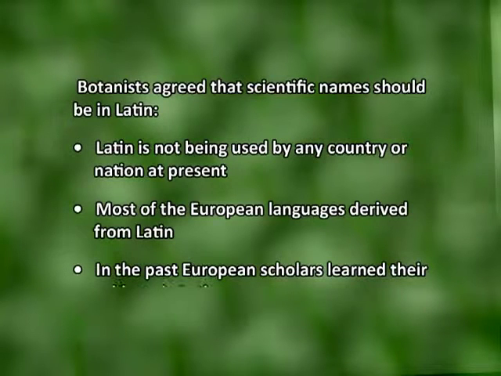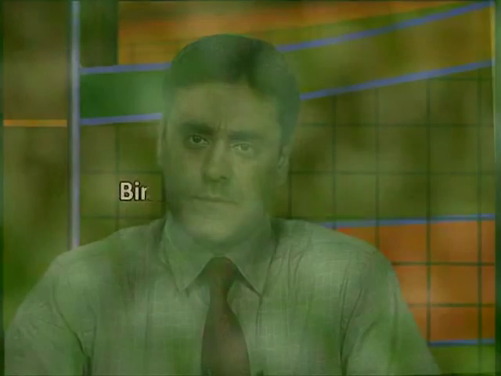Thirdly, in the past, European scholars learned their subjects in Latin. It was a widely used language throughout the European countries, and a lot of botanical literature has been written in Latin. Since Europe and particularly Greece has dominated the whole world in the field of science during 1600 to 1850 AD, Latin is now a language of botany and other allied sciences.